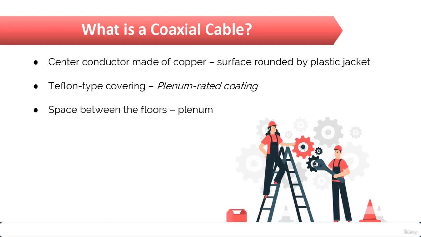Now, many large multi-story buildings are designed to circulate air through the spaces between the ceiling of one story and the floor of the next. You know this, right? This space between the floors is referred to as the plenum, and it just happens to be a perfect spot to run all the cables that connect the legions of computers that live in that building.